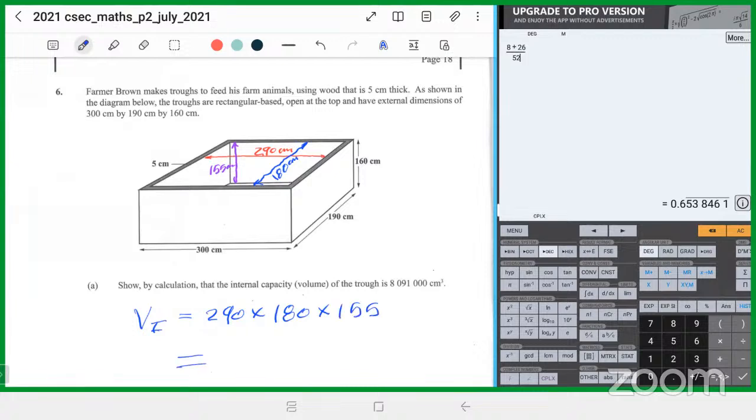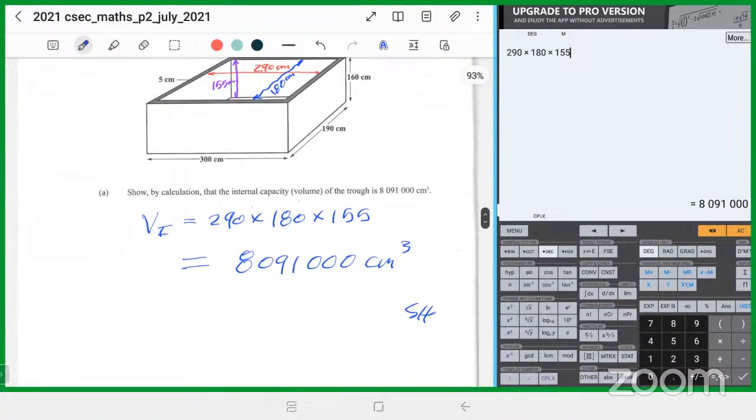That must give you this figure. If it doesn't give that figure, there's something wrong. Voila. 8,091,000 centimeters cubed. Lovely. That was shown.